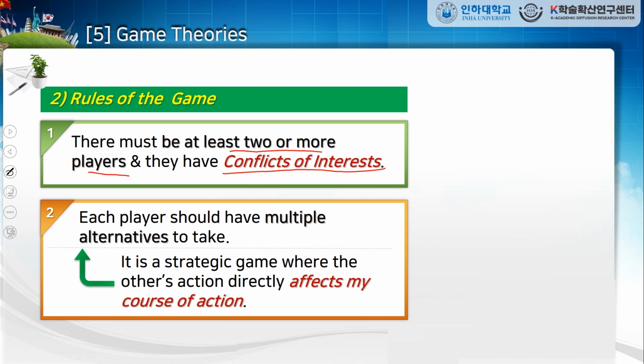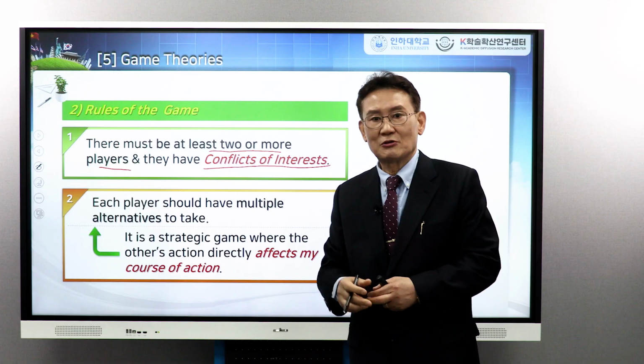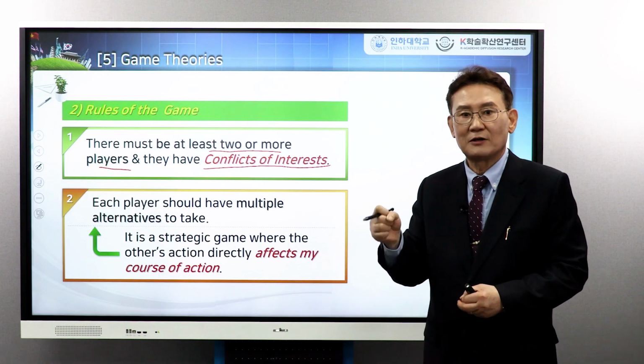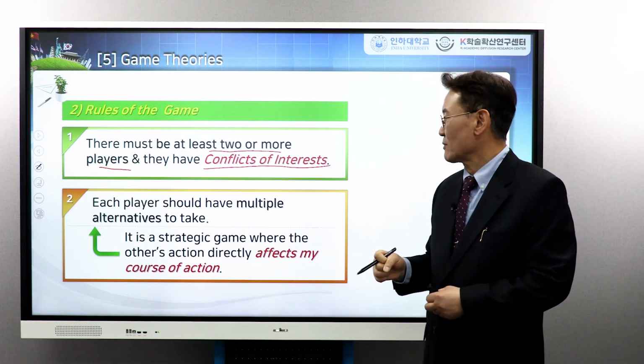Conflict of interest simply means you have different interests. When you play poker with your friend, we certainly have conflicts of interest because you want to win the money and your friend wants to win the money too. There's a conflict of interest. So there must be 2 or more players and they have conflicts of interest.